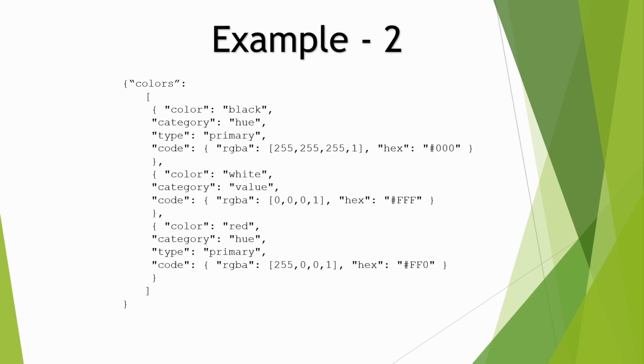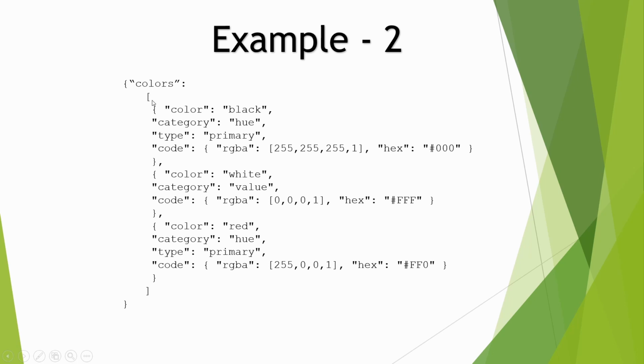In this example, we have the data as nested. If you see, the overall JSON file has the attribute of colors, and this attribute has an array of individual colors, and those individual colors are stored as a list. If you see, it is represented in square brackets.